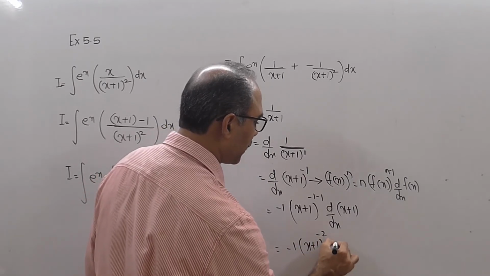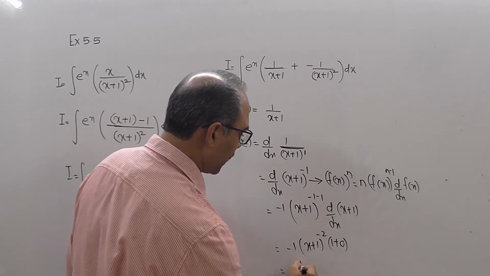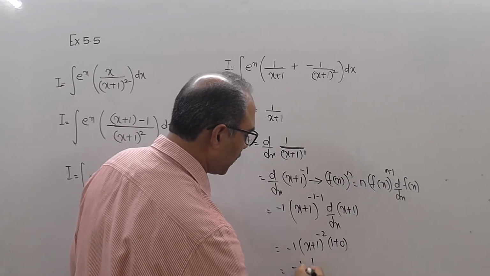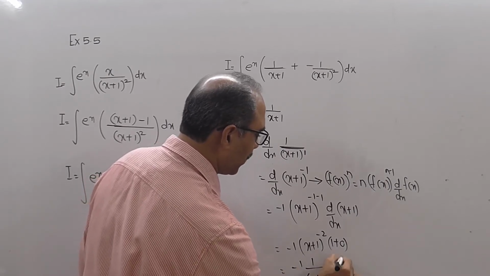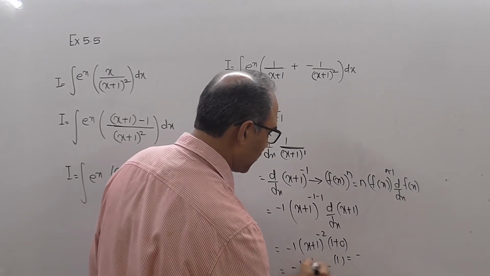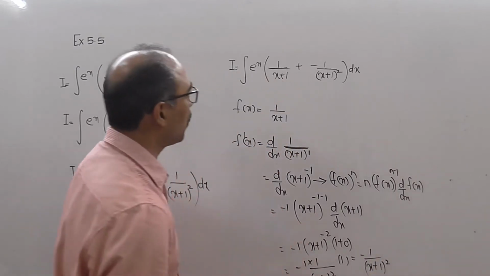X का derivative is 1 and 1 का derivative is 0. So I get this as minus 1 upon x plus 1 the whole square into 1. I think the answer is minus 1 upon x plus 1 the whole square.